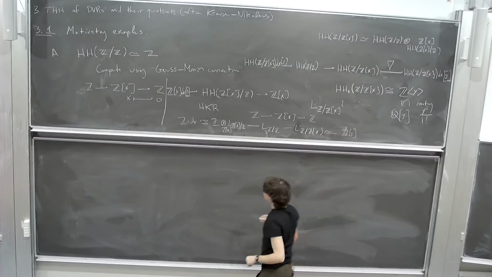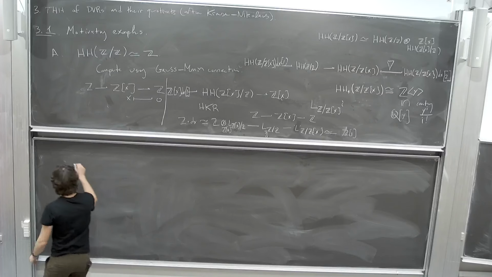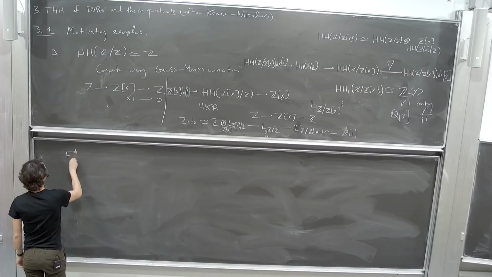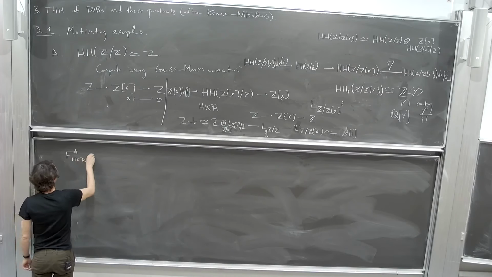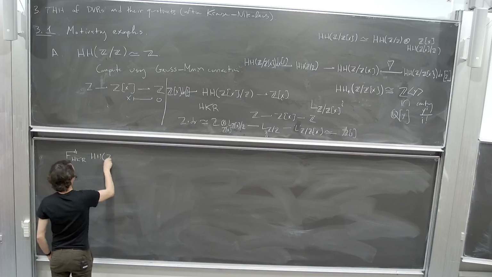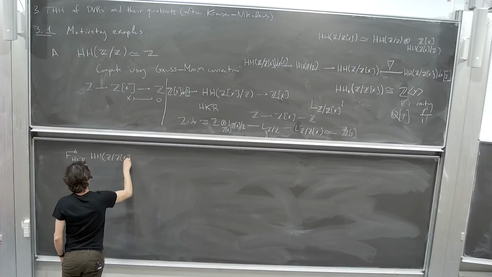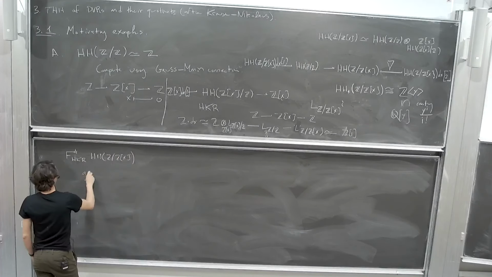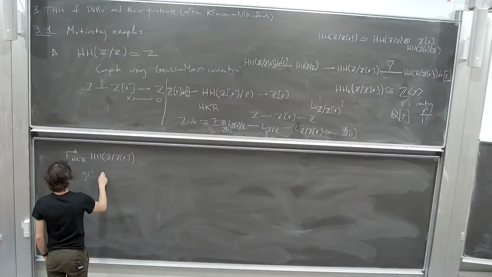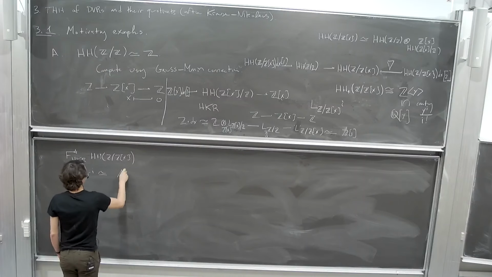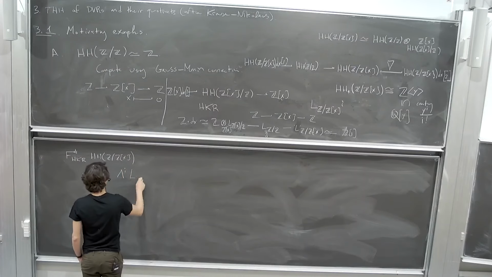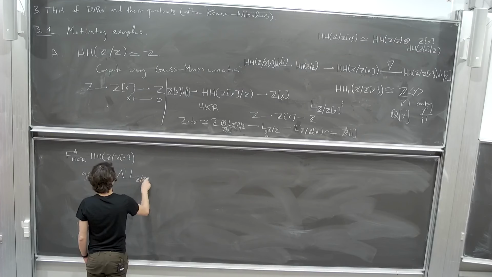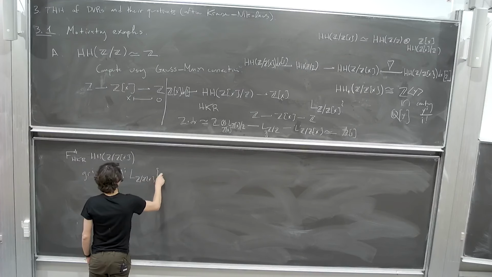Okay, so now by HKR, right, I have this HKR filtration. And the ith graded piece is equivalent to wedge i of the cotangent complex of Z over Z[x] sitting in degree i.